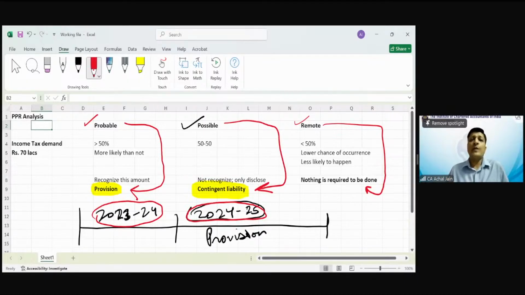That will require, maybe the management intentionally ignored this, which is a kind of error that happened in the previous year and which will require rectification in the current year. And there is a standard on prior period errors that comes into the picture.